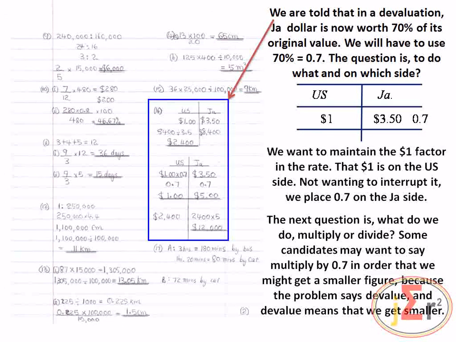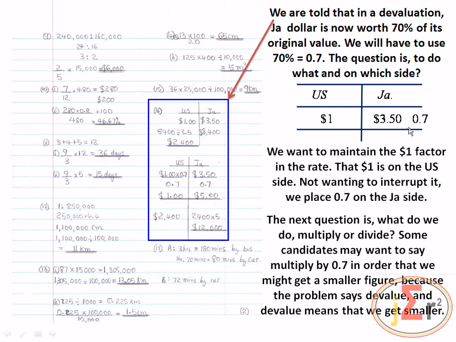Just considering numbers alone, that seems to be a simple logic. That devalue means that we are going down in value. We have the 0.7. If we multiply by 0.7 here, we will get a smaller figure, which is what devalue means.